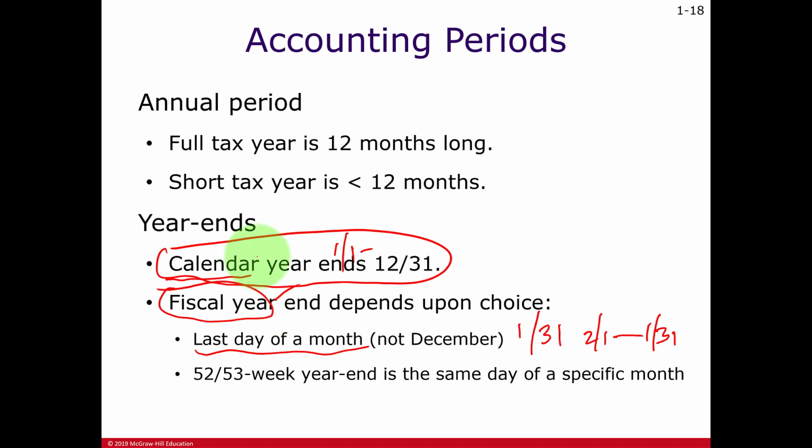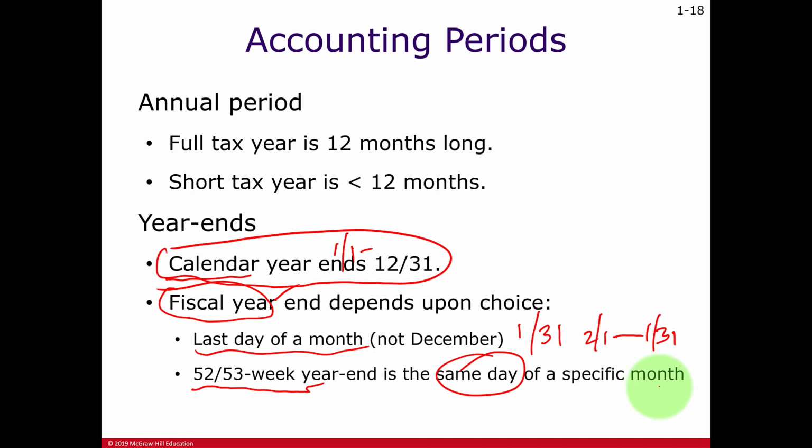The purpose of having a fiscal year is maybe that's more of a natural seasonal workflow for a business versus a calendar year. Another possible accounting time period is something called a 52, 53 week year, where your year would end on the same day of the week closest to the end of a certain month, like the last Saturday of February would be your year end, and the very next day, Sunday, would be the beginning of the next year.